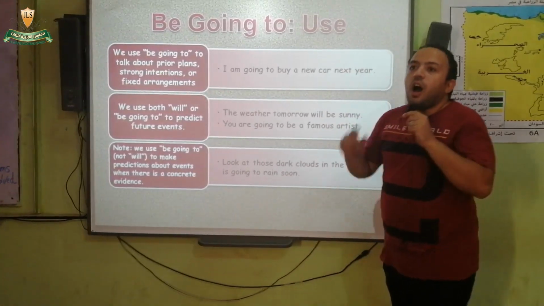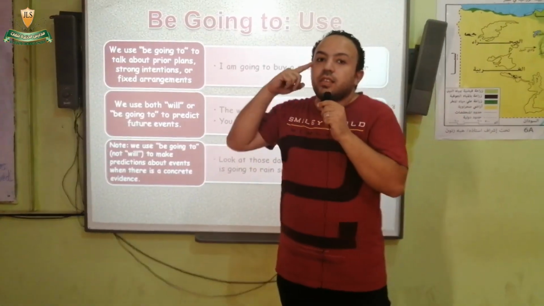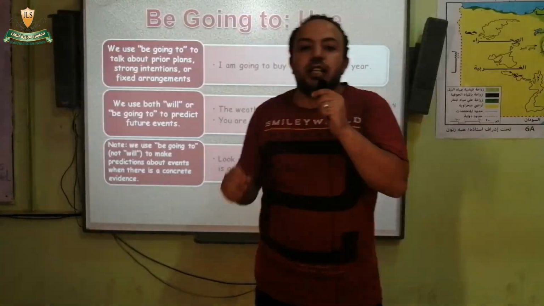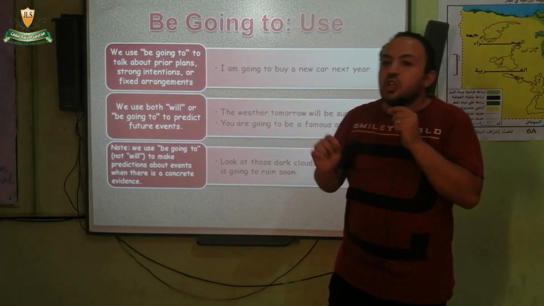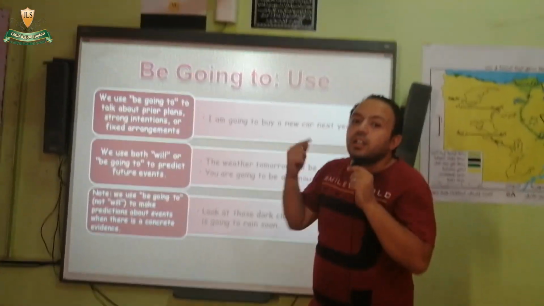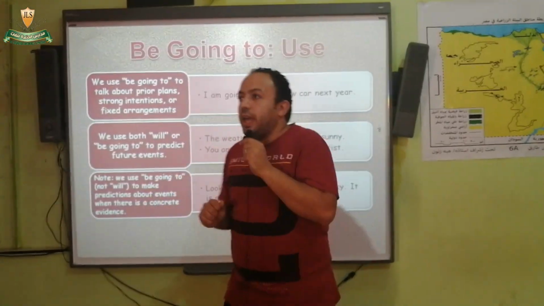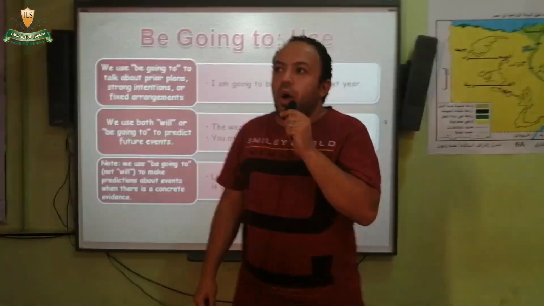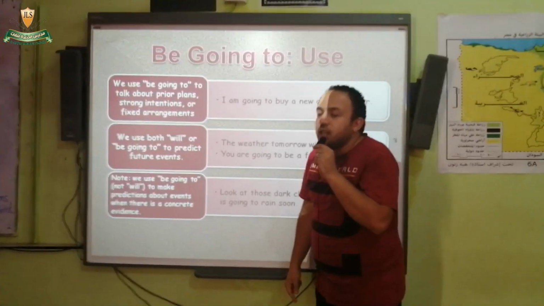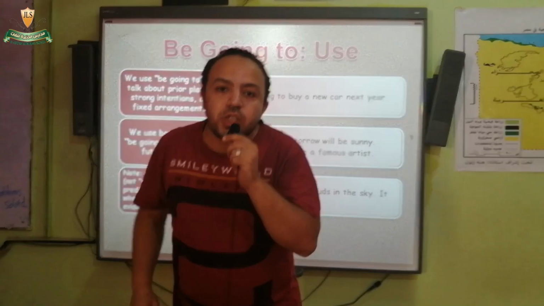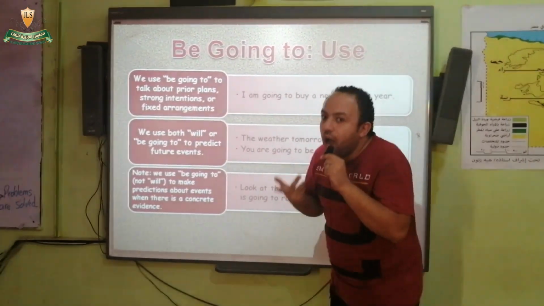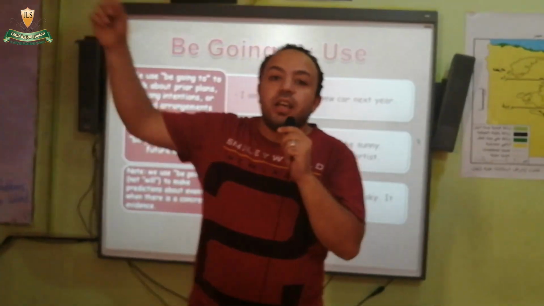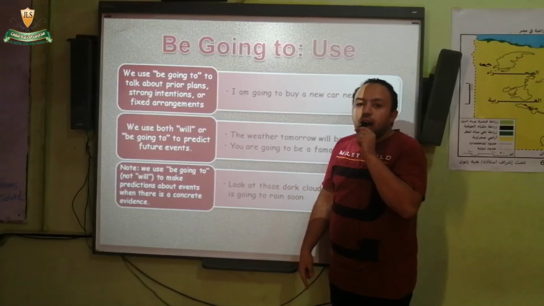For example, I think it will rain tomorrow, even though the sky is not cloudy. But if there are many clouds in the sky, I can say that it is going to rain tomorrow. Why? Because we have evidence: the sky is cloudy.